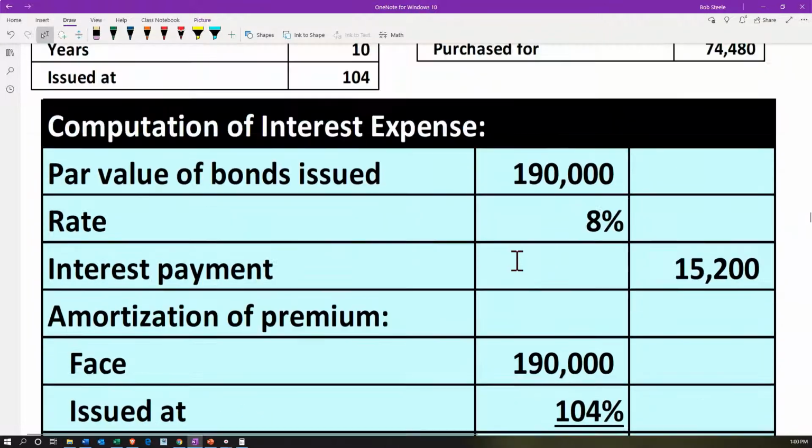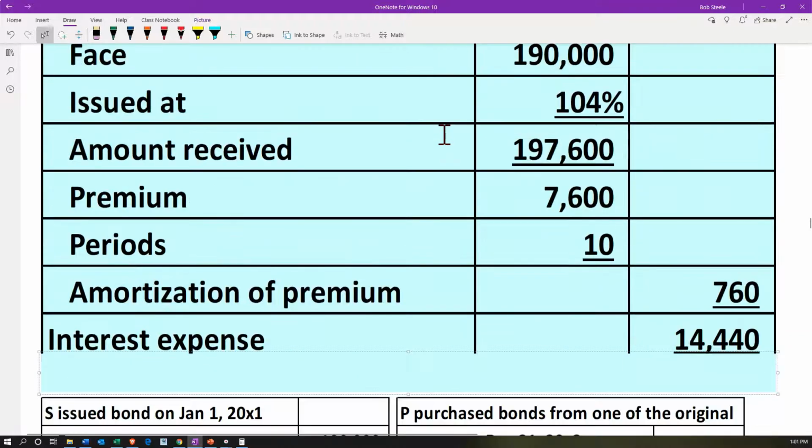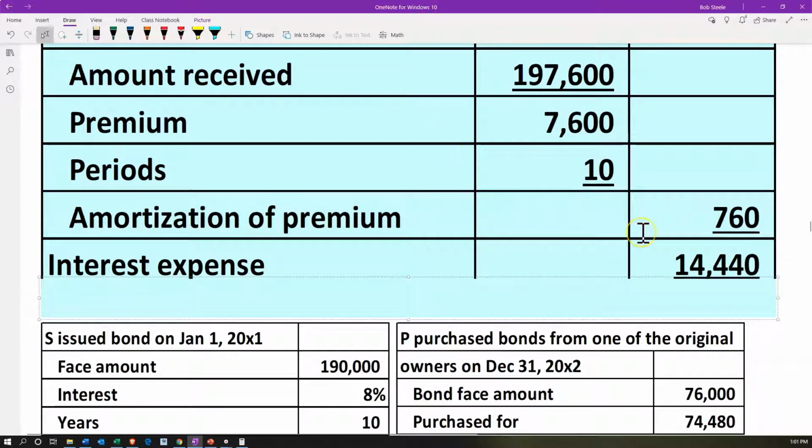That's without taking into consideration the issue that P bought them. That's information we can use when we do our elimination entry, because we're going to have to consider the portion of that interest expense that is applied to intercompany interest for P purchasing the bonds from a third party.